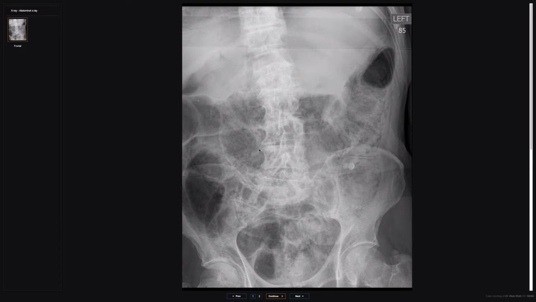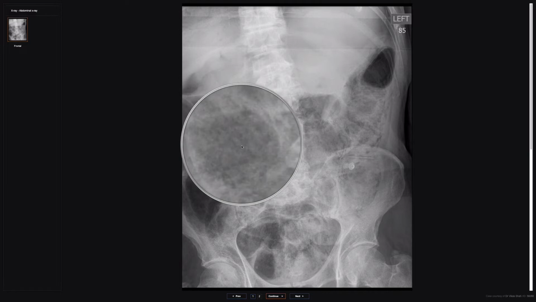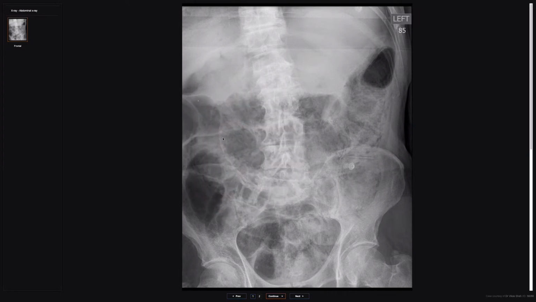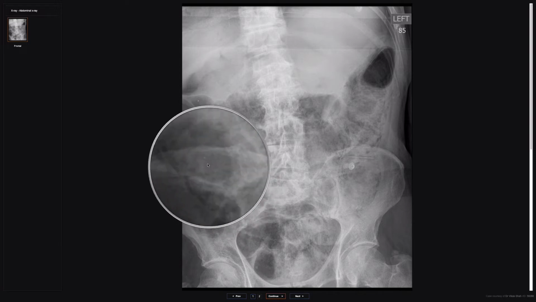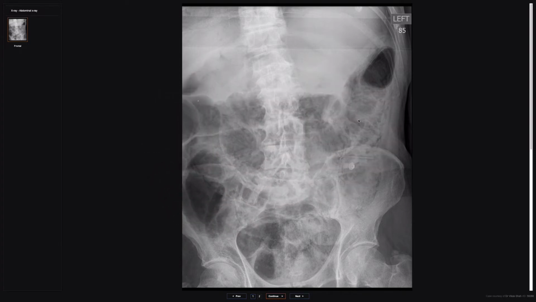Okay. The next place to think about abnormal gas is in the wall of the bowel itself. So pneumatosis, okay? Here is an example where someone's got florid pneumatosis, which when you first see it can be tricky to appreciate on an abdominal x-ray. But when you see this kind of bubbly pattern overlying the path of the bowel, so everywhere that we look here, over the path of the bowel, then we've got this kind of bubbly pattern.